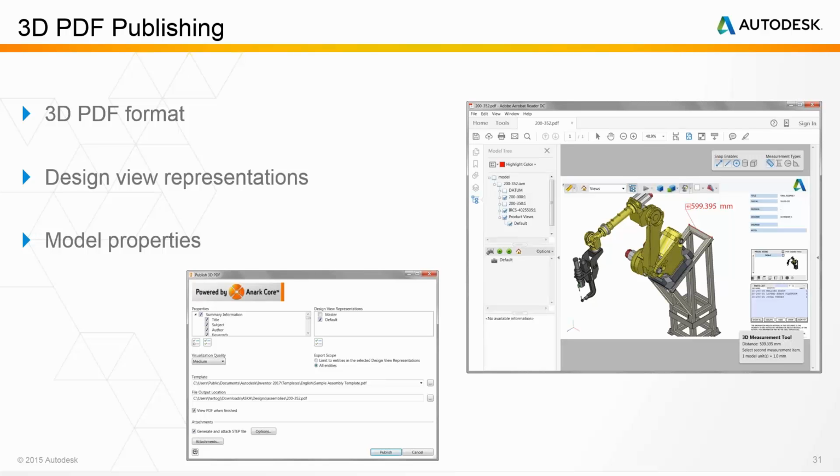And then users of the 3D PDF can access this using Adobe Acrobat Reader. You can create a custom 3D PDF template that can be used to specify the arrangement of all of the exported elements within the output files as well, which gives you the ability to completely customize this environment.